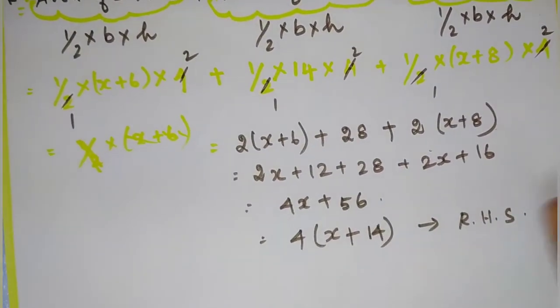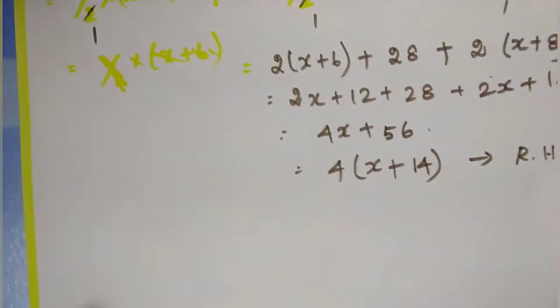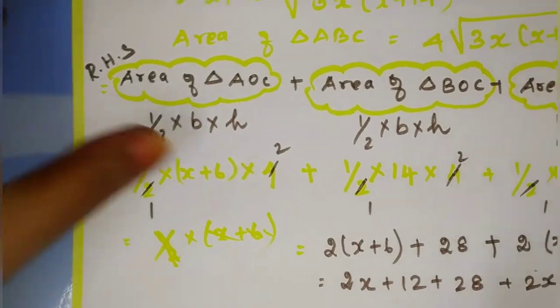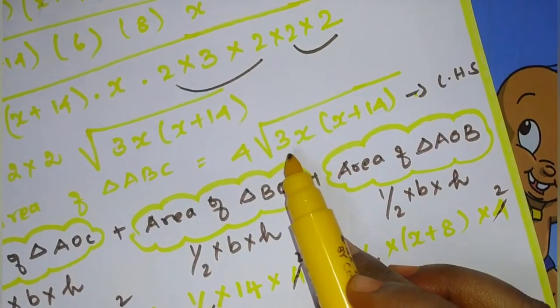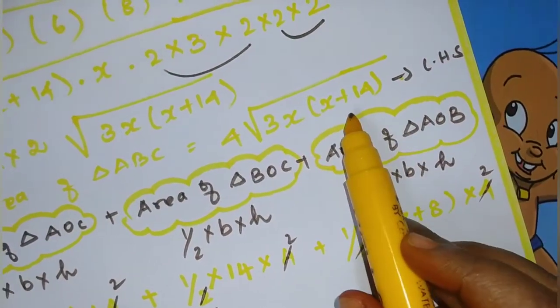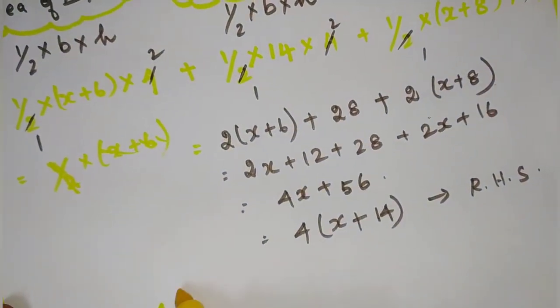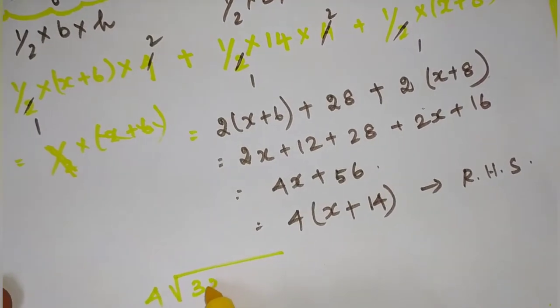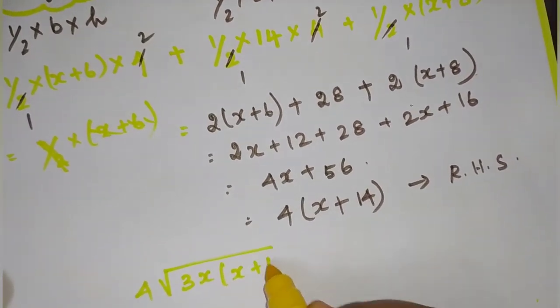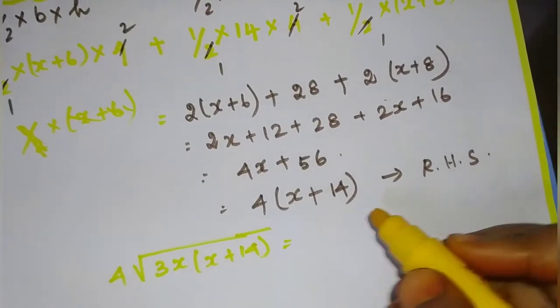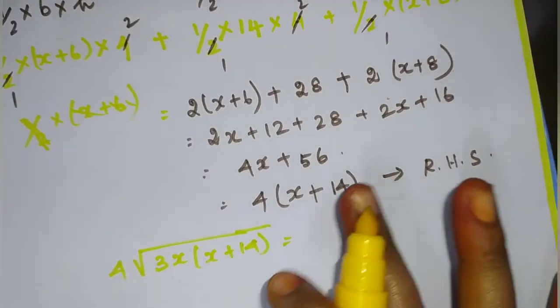So shall we compare LHS is equal to RHS? Now tell me, what is LHS? 4 root of 3x into x plus 14. That is area of the triangle ABC, equal to area of the three triangles.